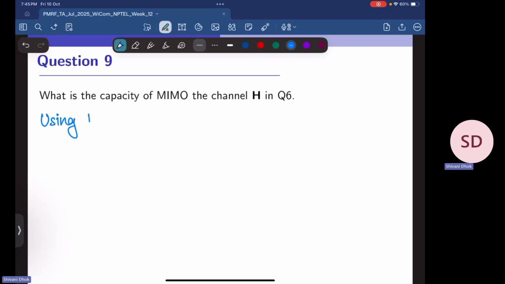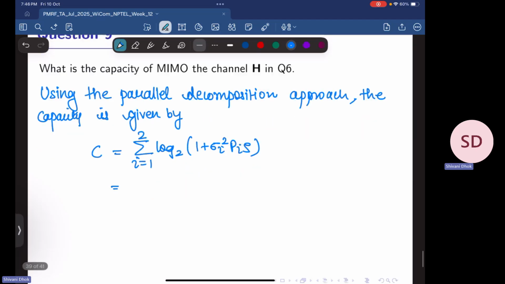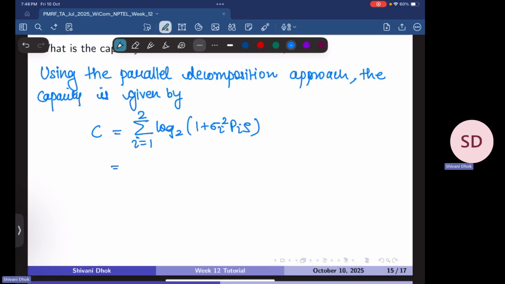So using the parallel decomposition approach, the capacity is given by C equal to summation i equal to 1 to 2 log base 2 of 1 plus sigma i square p i into rho, which is log of 1 plus sigma 1 square p1 rho plus log of 1 plus sigma 2 square p2 rho.